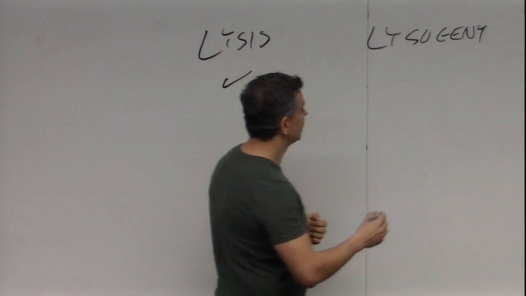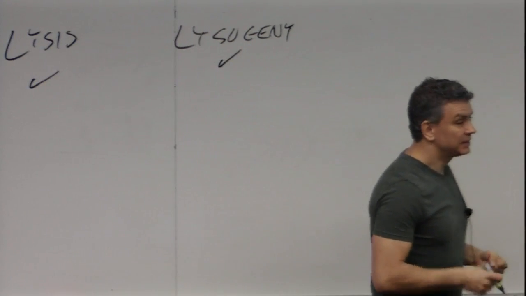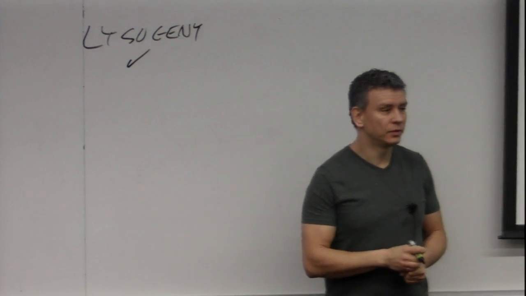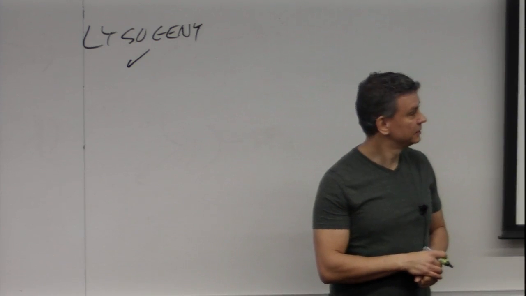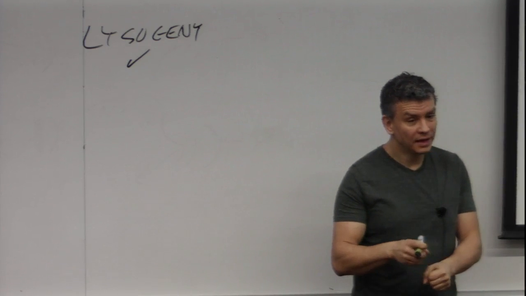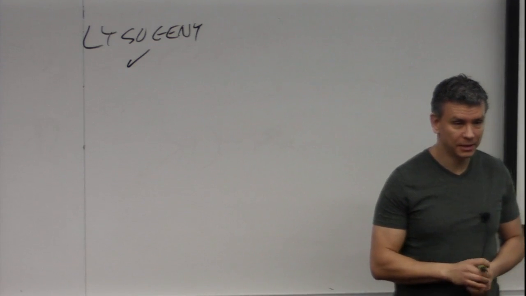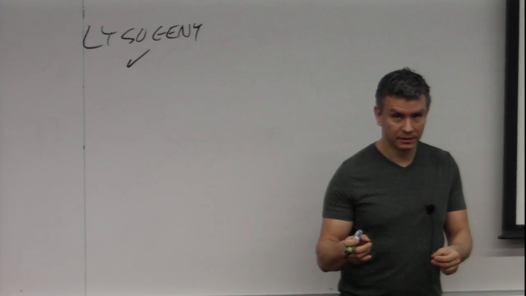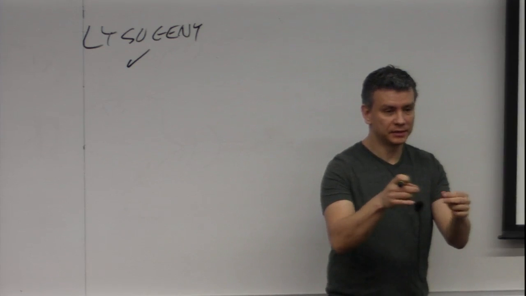Another choice that it can make is lysogeny. Lysogeny is basically splice my genetic material into the genome of the host. So take my DNA, or is it RNA? My DNA, and splice it into the DNA of the host bacterium. And by splicing, I think the metaphor is apt, like you splice pieces of twine.